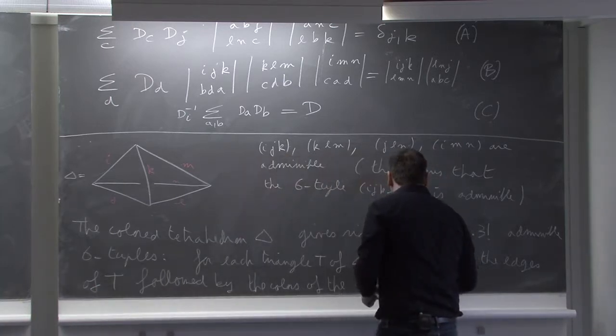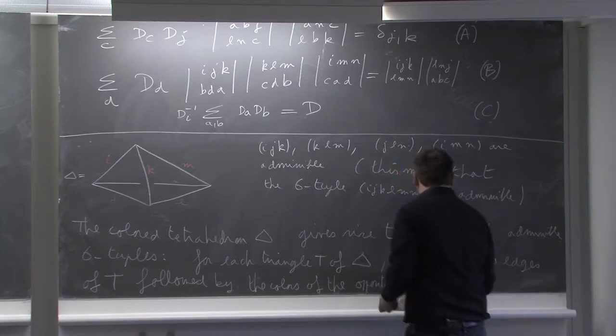So opposite means in the tetrahedron edges.